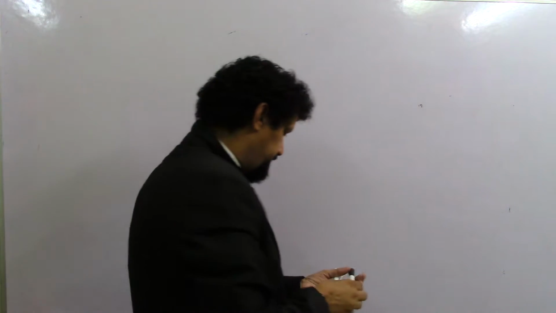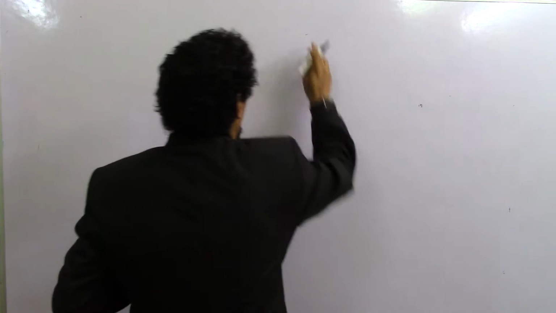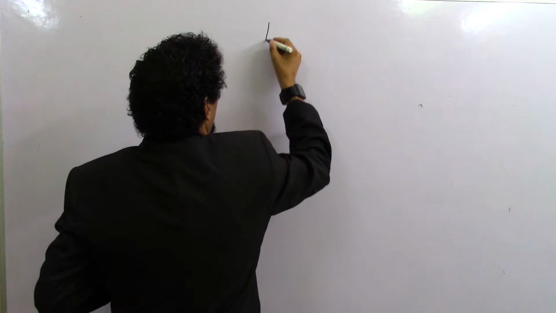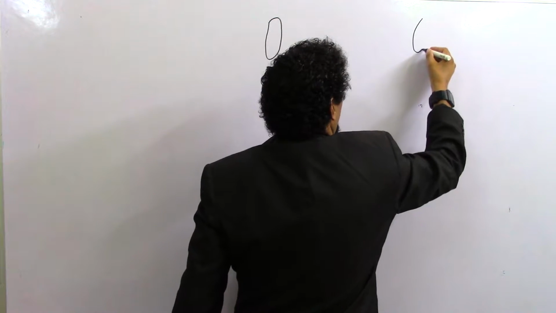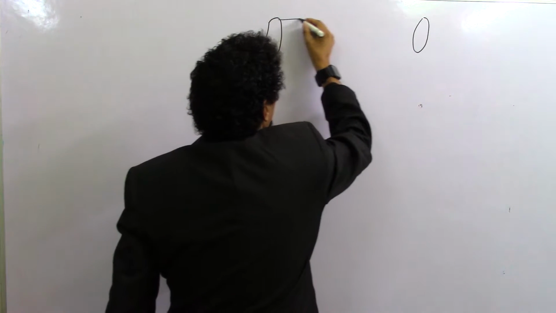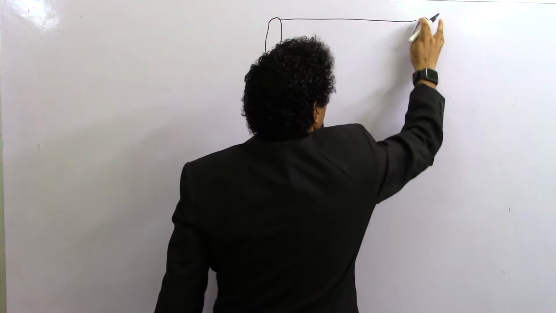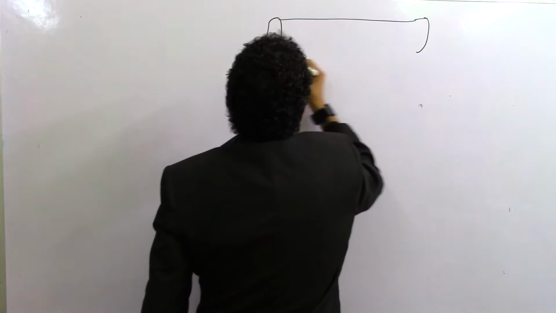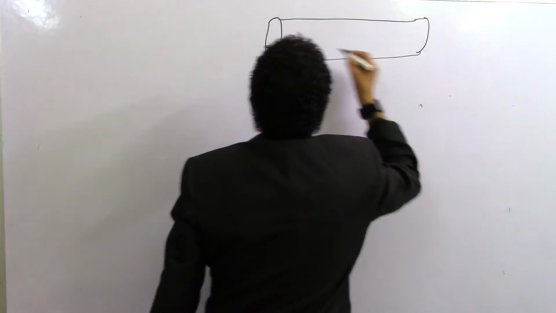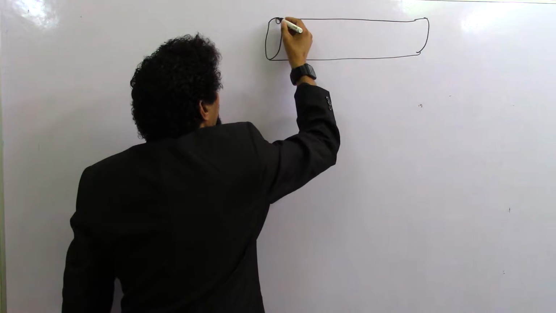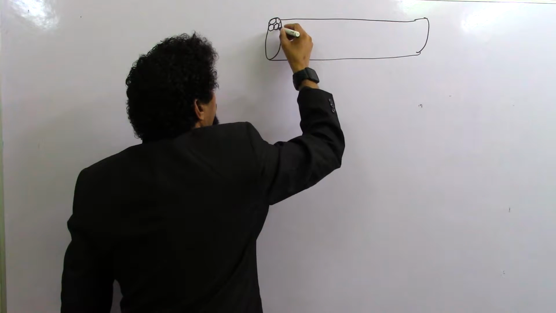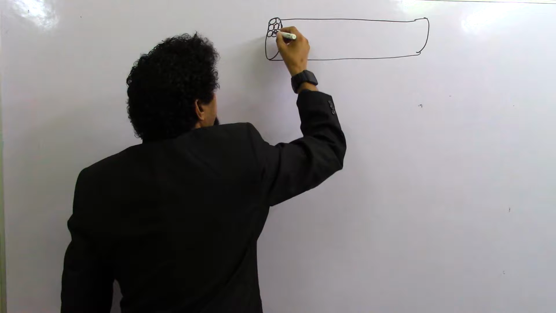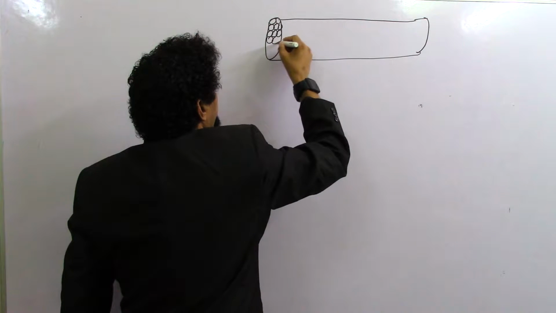A muscle cell or the muscle fiber. We can see here the section of a muscle, which is formed by the collection of the fasciculus or the myonemes.